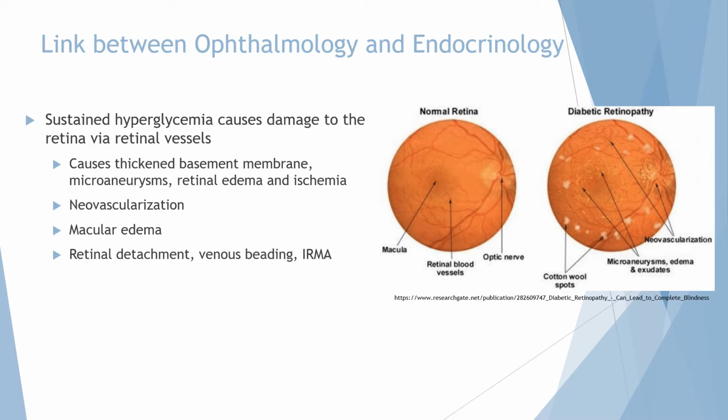Characteristic patterns of hemorrhages, such as the dot blot hemorrhages within the retina, microaneurysm of the microvasculature, and retinal edema from leakage and ischemia of downstream tissues from the leakage can occur.